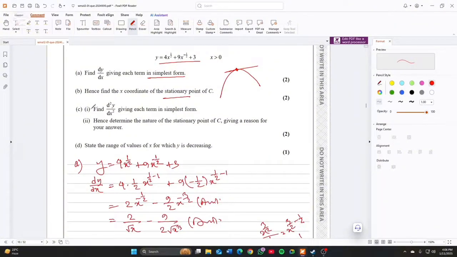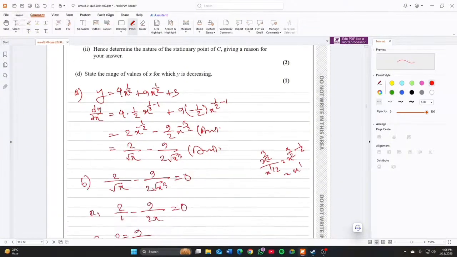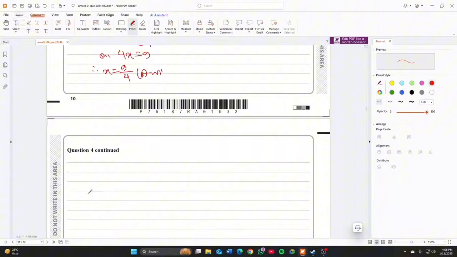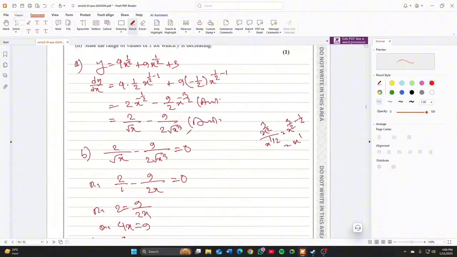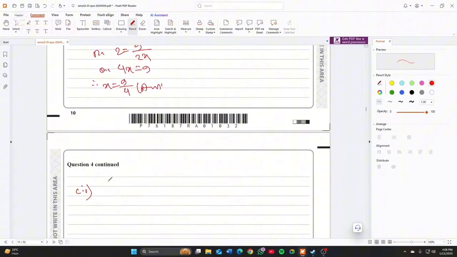Now C1, find d square y by dx square, giving each term in simplest form. Okay, for C1 we have to differentiate this value once more. So for our better understanding, we can write this value. Therefore dy by dx was 2x to the power minus 1 by 2 minus 9 by 2 x to the power minus 3 by 2.